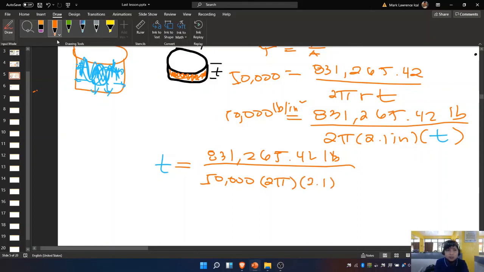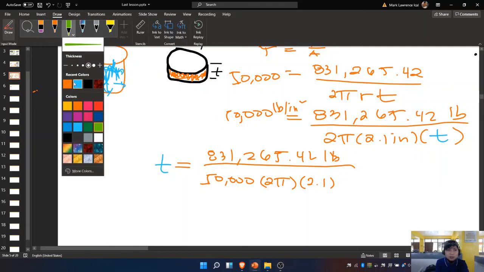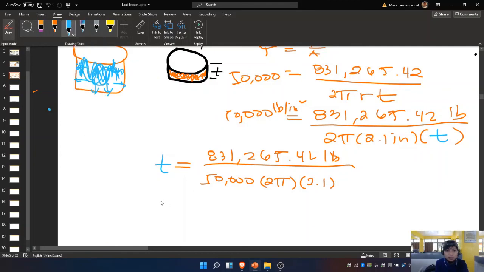Okay? So, what is the thickness? T. Okay, calculate natin. Ako, kasi ako lang naman ito nagka-calculate dito. Hindi naman yata kayo nagtatry.